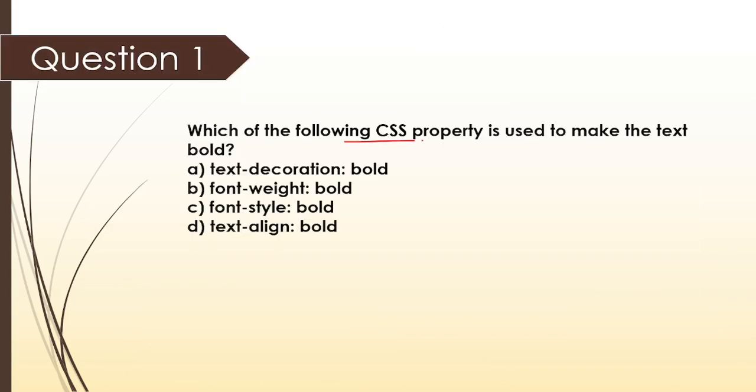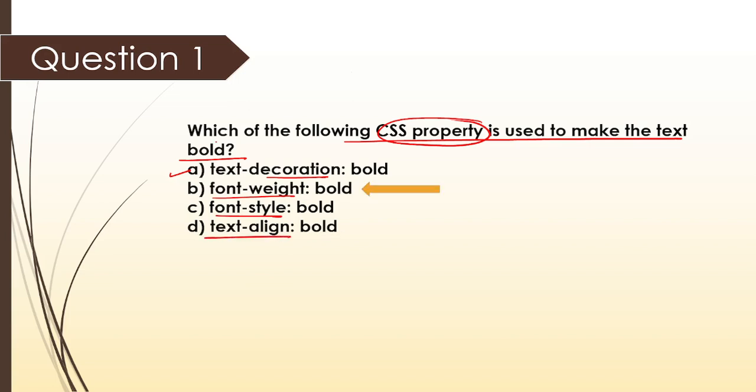Which of the following CSS properties is used to make the text bold? So whenever in your web page you want some headings to be in bold text, then what cascading style sheet property should you use? Okay, so first is text decoration bold, font weight, font style, or text alignment.